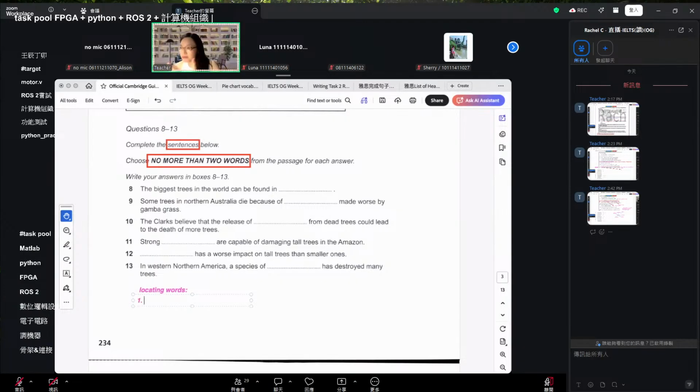If you could still remember from the previous part, for example, titles, right? Somebody's name or subtitles. Period of time, so we talk about dates and years. The third type of locating words, 第3种是什么？Numbers or figures, right? So numbers or figures. What's number 4? Capitalized or italicized words or phrases, right?